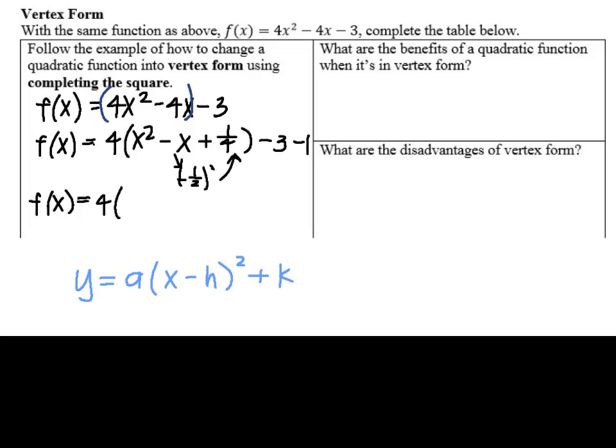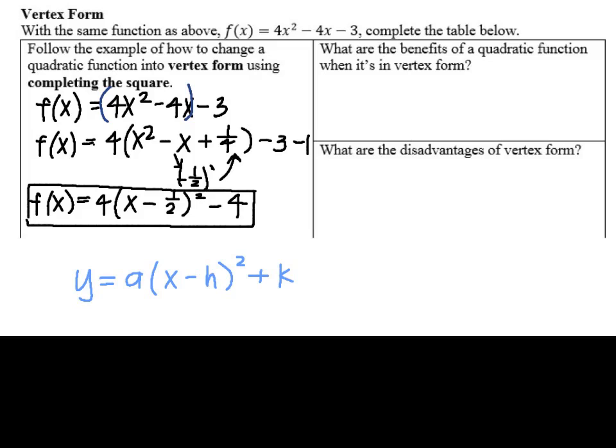I can factor this to equal x minus 1/2 quantity squared minus 4. And unlike completing the square where we're solving for roots by setting the equation equal to 0, I'm actually going to stop here because this equation now has been converted into what we call vertex form.